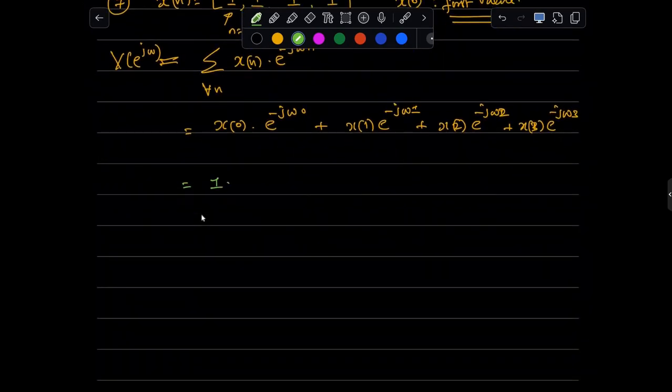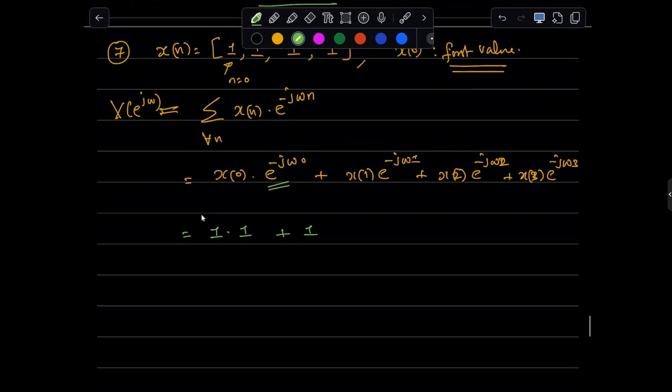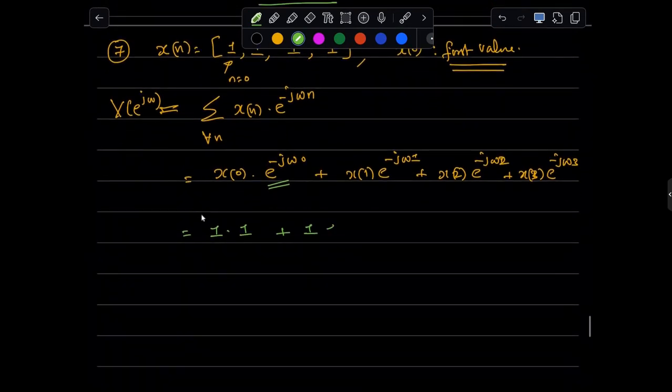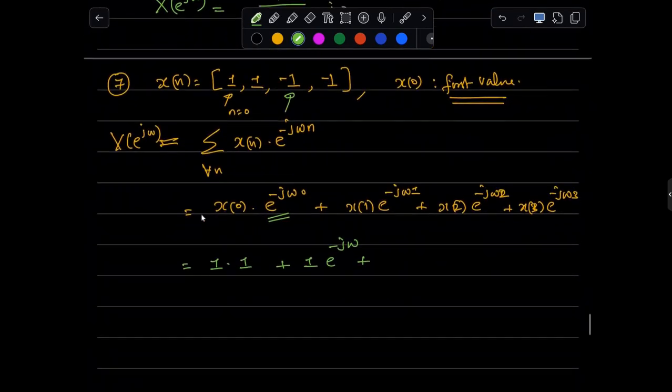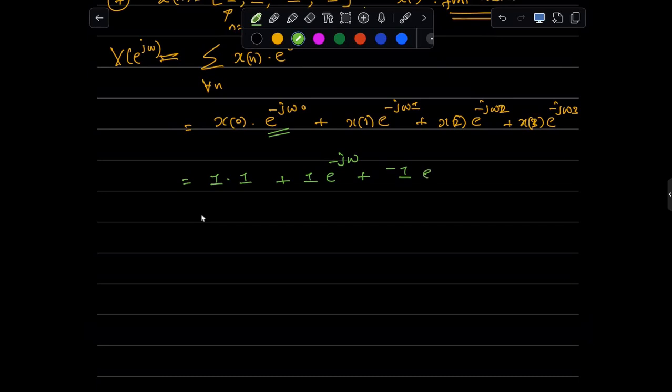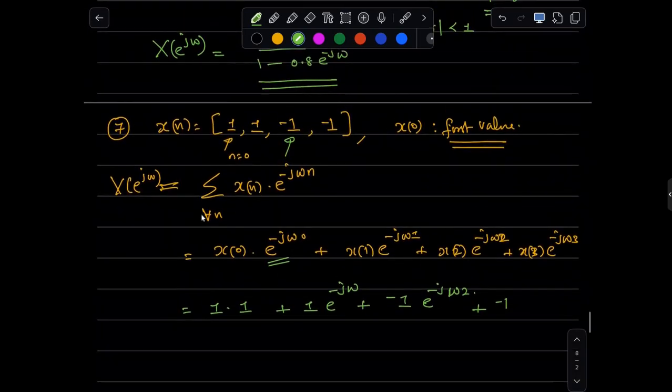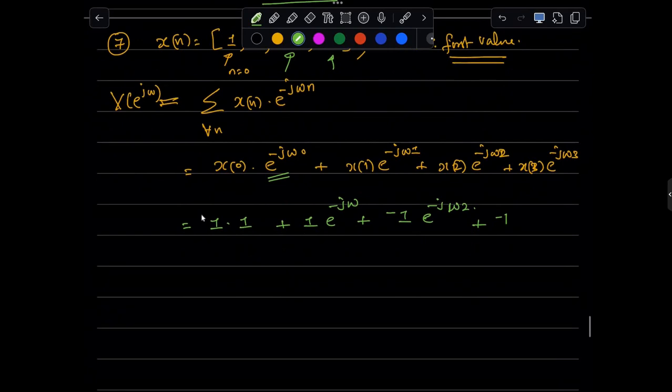So 1 into e power j omega 0 is again 1, plus again it is 1, the next value is also 1 into e power minus j omega, plus next value you see here it is minus 1, so minus 1 into e power minus j omega into 2, plus minus 1, again minus 1 you have seen, into e power minus j omega into 3.